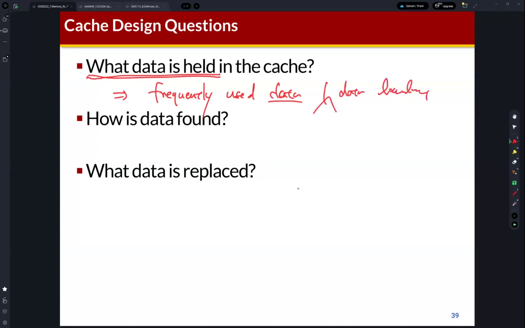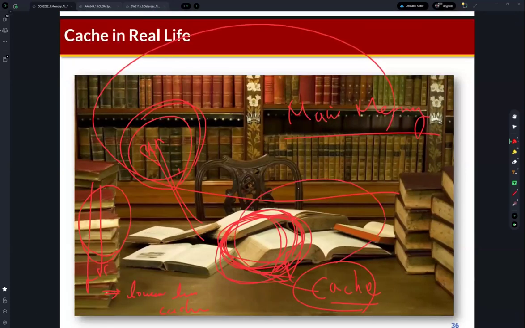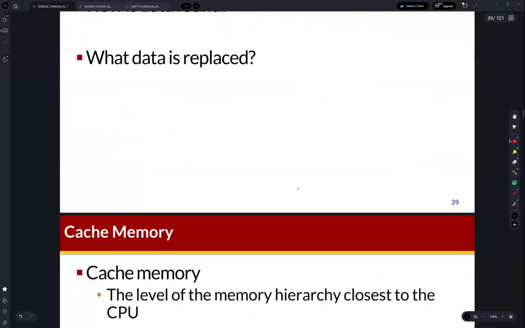So what data is held in the cache? Frequently used data. Think about this analogy: which book is placed on the desk? The books we are using for the current study, right? The frequently used books need to be placed on a desk.